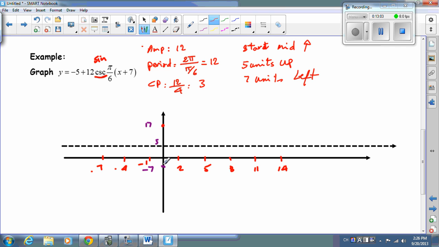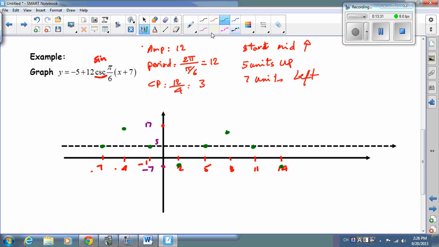Now you can actually go ahead and graph your sine function, knowing that you start in the middle. -7 should be in the middle. So I have a point here at -7. That will be middle. After middle, going up, I'll have up, then middle, then down. Down will be somewhere here. Then middle, then up, then middle, down, and so on.